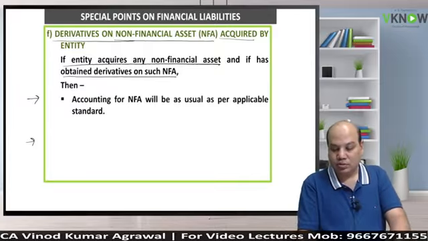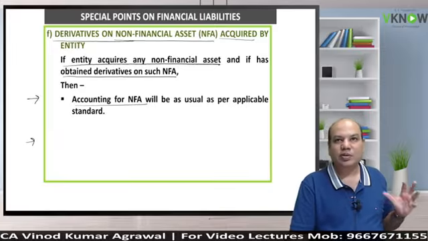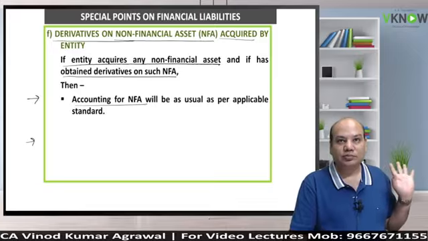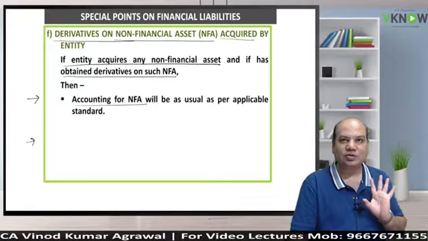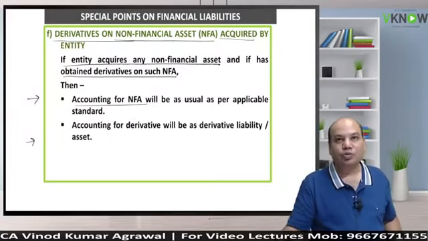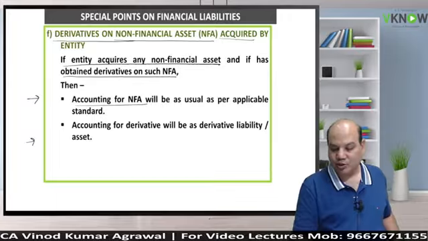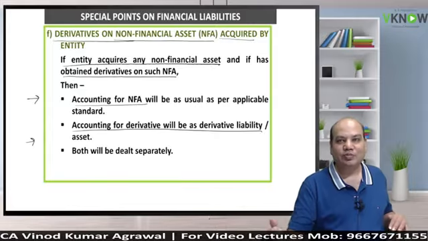One, NFA, non-financial asset. Let's say you have purchased a machine and you have also got some put option on that. The machine will be accounted like a machine under Ind AS 16, no change in the accounting of that machine. Plus you have a put option on that, which will be accounted like a derivative. Both will be treated separately.